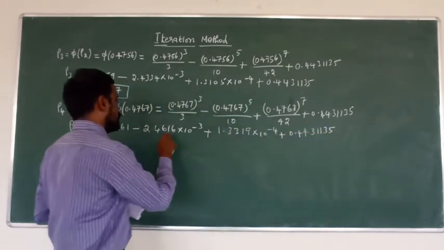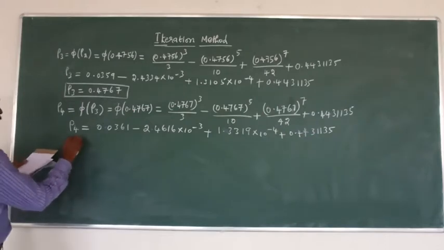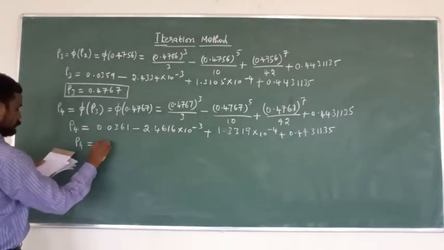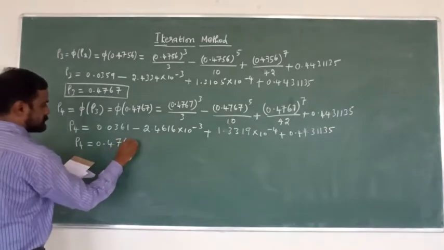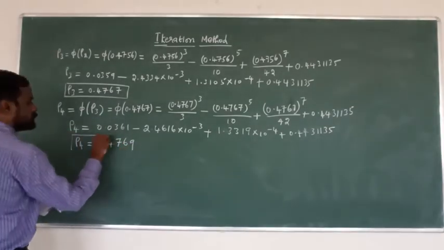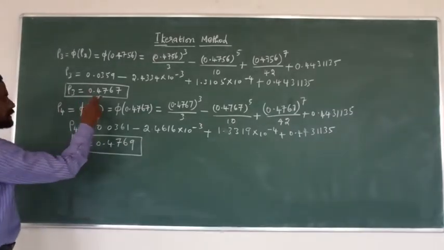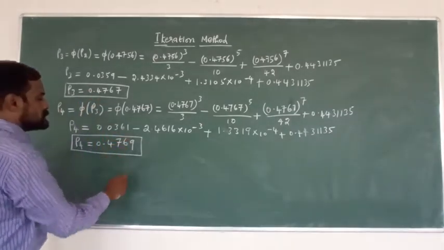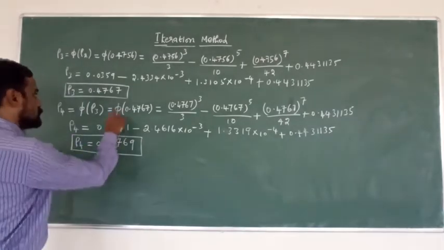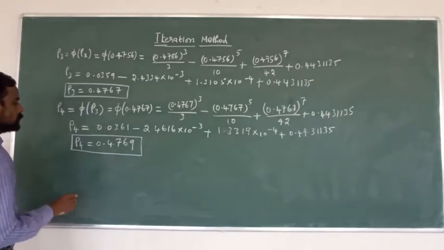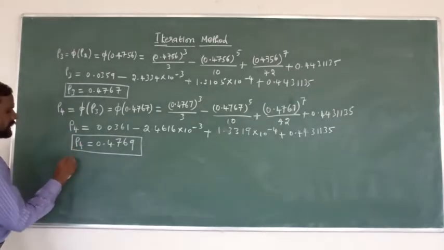Now add all the values and rho 4 equal to 0.4769. Now to compare rho 4 value with rho 3, both results are not same. Last digit change. So we have to do for another iteration.